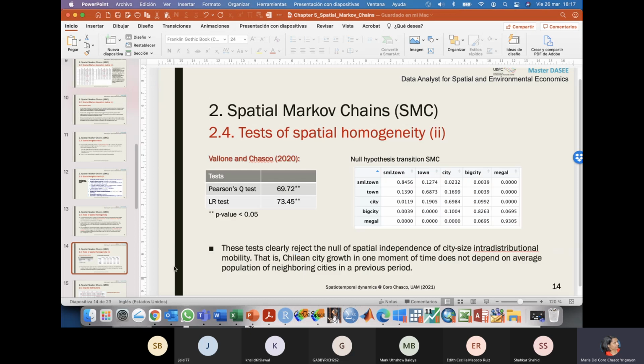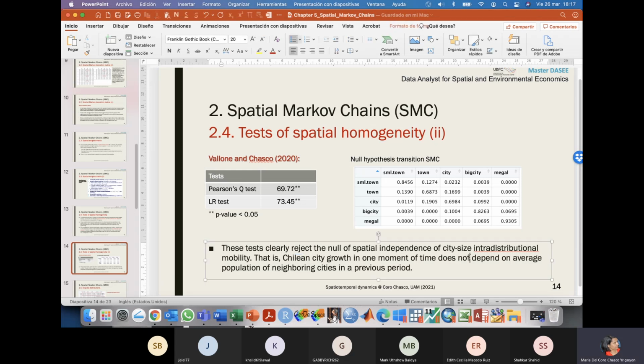In our case, we rejected the null, and what we concluded is... oh, sorry. No, this is also, oh my God, this is a typo. We could say it does depend.